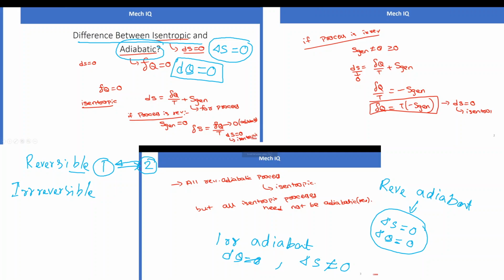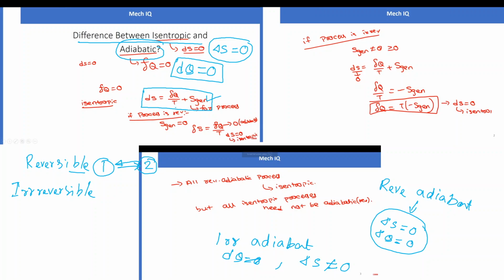What is the importance of reversibility? Just see the formula: ds equals dq by T plus entropy generation for the process.